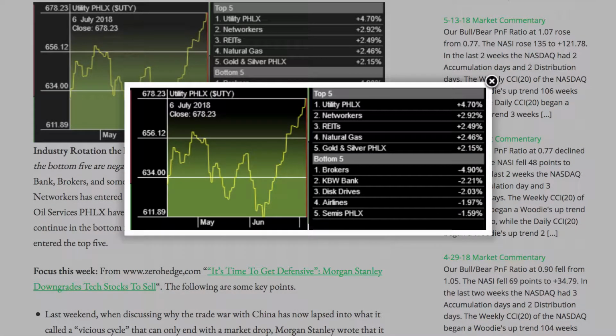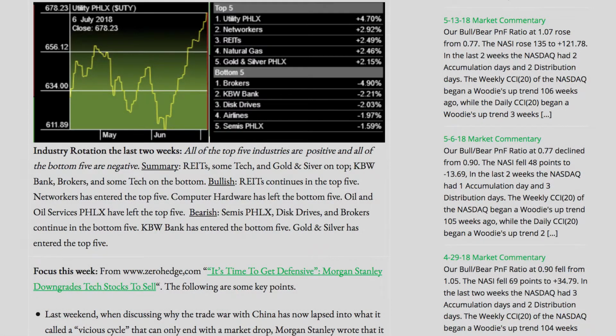Industry rotation the last 2 weeks. All of the top 5 industries are positive, and all of the bottom 5 are negative. Summary: REITs, some tech, and gold and silver on top. KBW Bank, brokers, and some tech on the bottom. Bullish: REITs continues in the top 5.